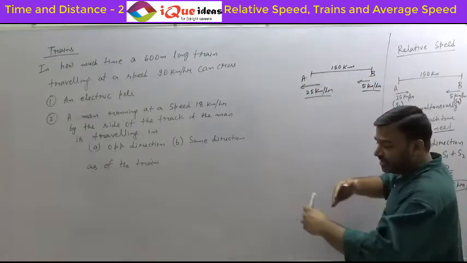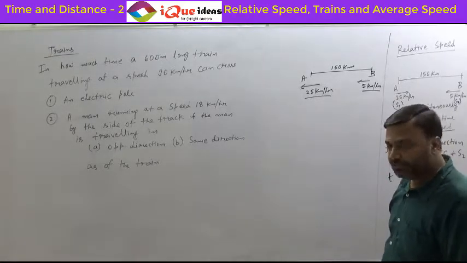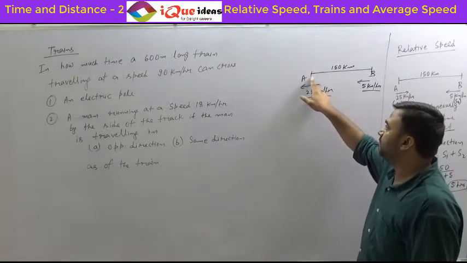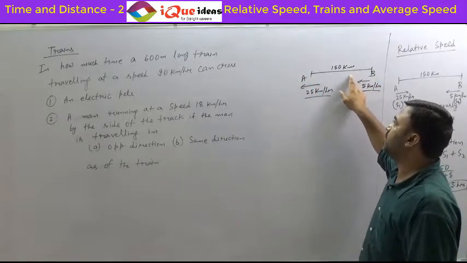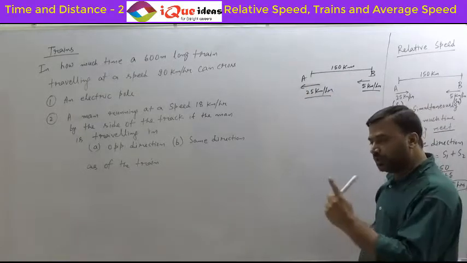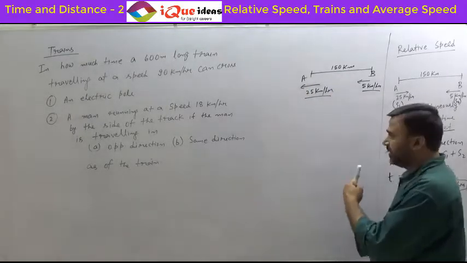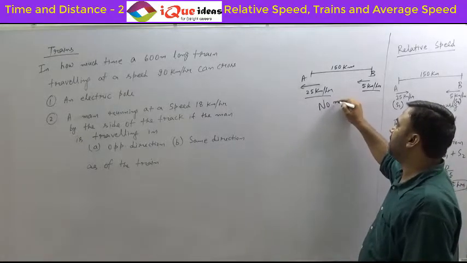So effectively, the distance between them has increased by 20 kilometers. So though the 20 is relative speed, I'll explain how, but the meeting is not possible. So here we'll say no meeting.